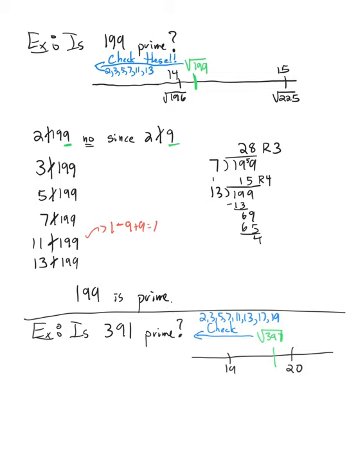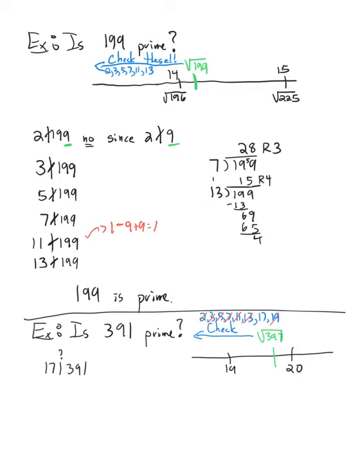So 17, is 17 a factor of 391? In fact, you'll find that the others aren't. If you do this correctly, you'll find that 2 isn't a factor, 3 isn't, 5 isn't, 7 isn't, 11 isn't, 13 isn't, and 19 isn't as well.